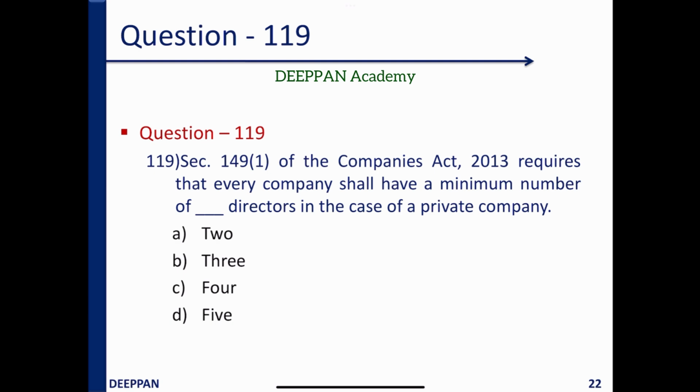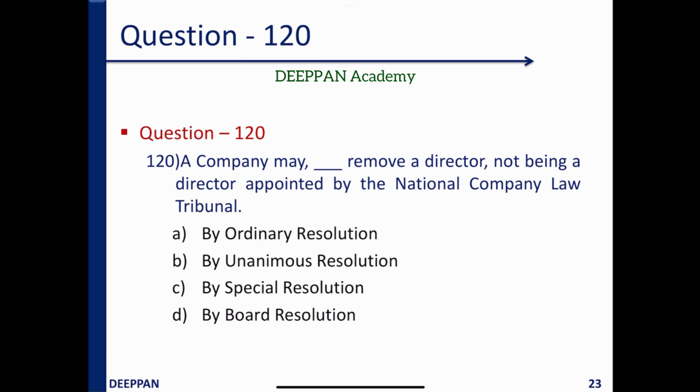Section 149, subsection 1 requires that every company shall have a minimum number of dash directors in the case of a private company. 2.